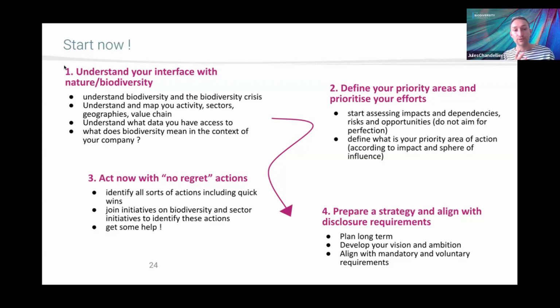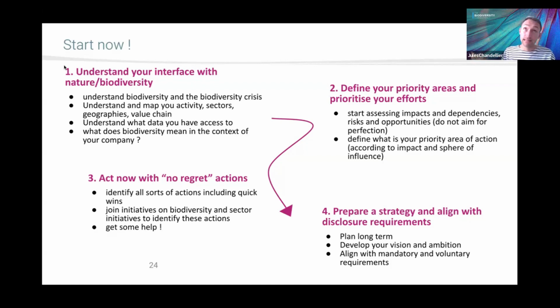So here you're starting to put your hand on where you might have some direct link between your business and biodiversity. That might be obvious for some of your companies. Of course, if you're selling raw materials, agricultural products, then you might have a lot of data already, a good understanding of the link with biodiversity.